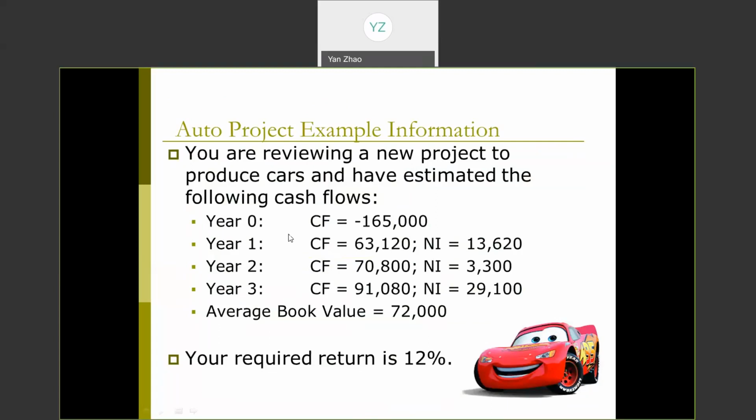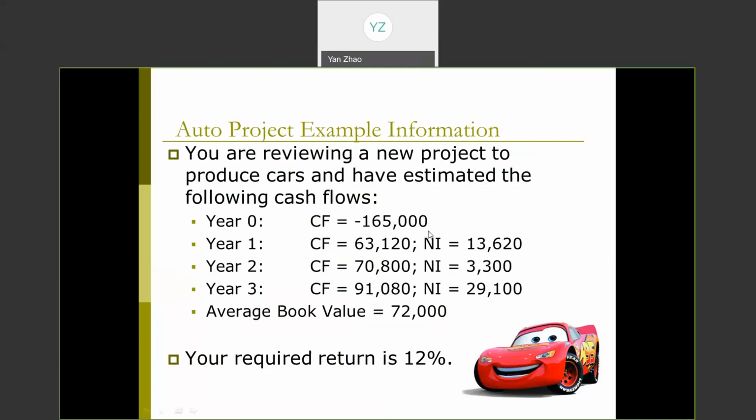To make this investment, in year 0, which is today, you have to invest $165,000. In return, in the following 3 years, you are expecting cash flows of $63,000 in the first year, $70,000 in the second year, and $91,000 in year 3.